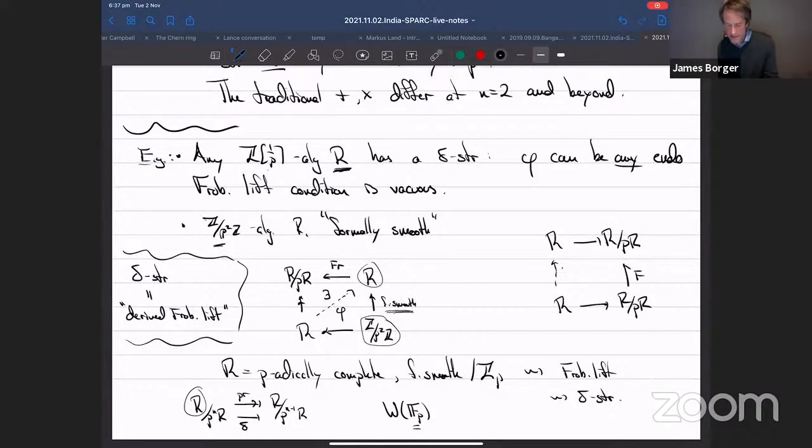So in the setting of derived algebraic geometry, if you just write down what Frobenius lift means, then it's exactly equivalent to being a delta structure. So in a certain sense, this business about torsion, the real story is in the p-torsion free setting in my mind.